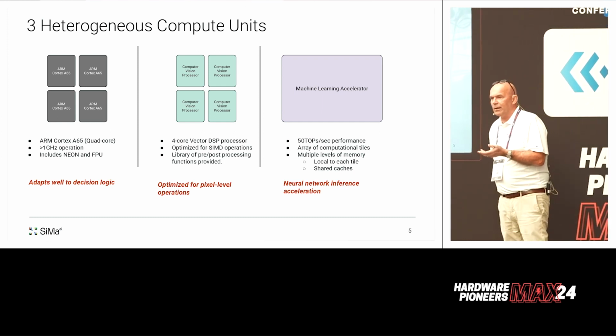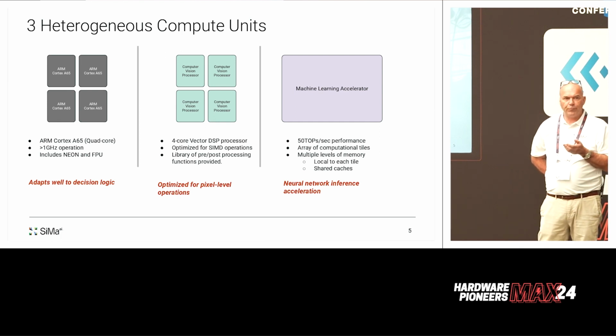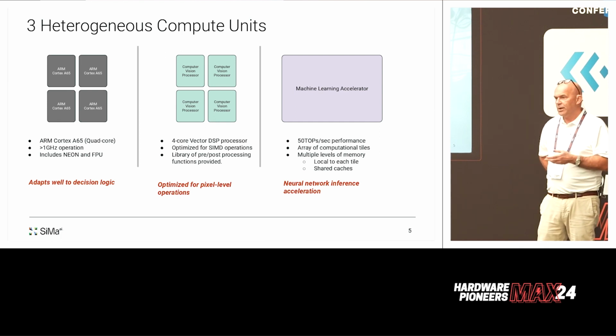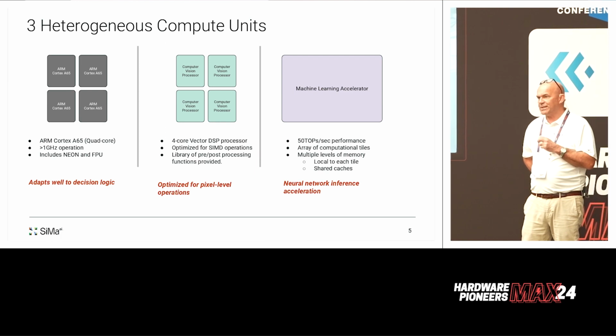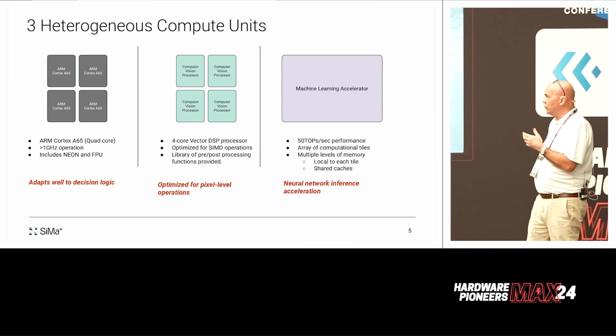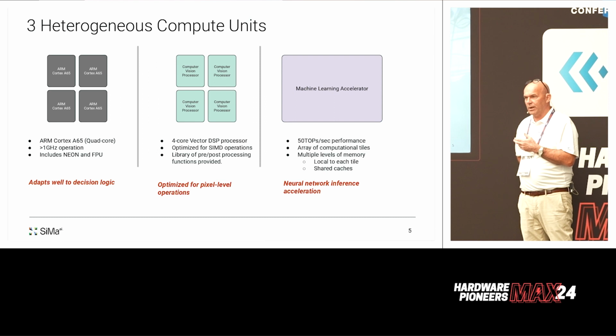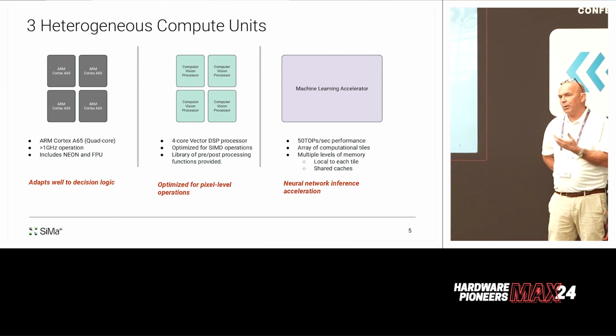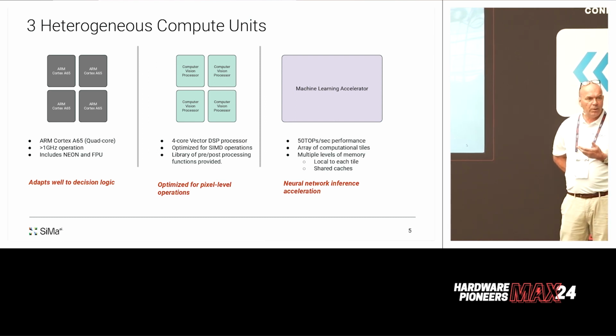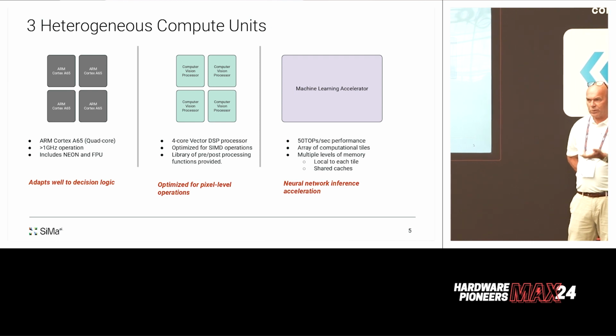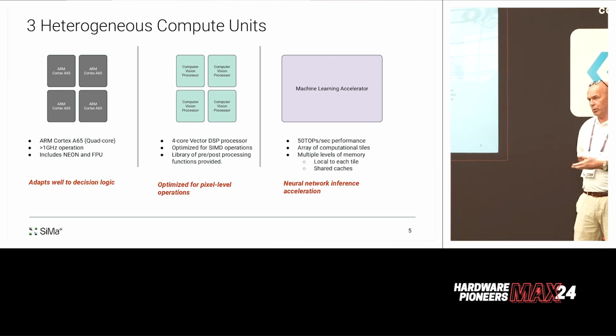And we provide a library of kernels, of functions that are, let's say, OpenCV-like, that you can use directly on this image processor. So within our pipeline, this is the block that we would use for image pre-processing and image post-processing.